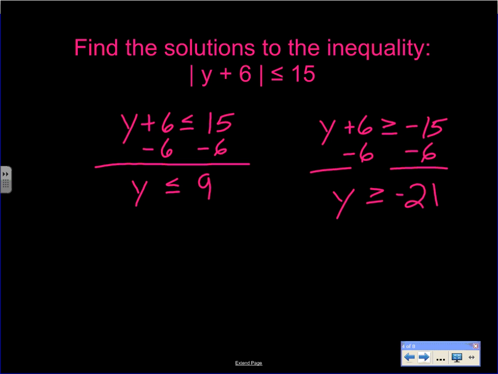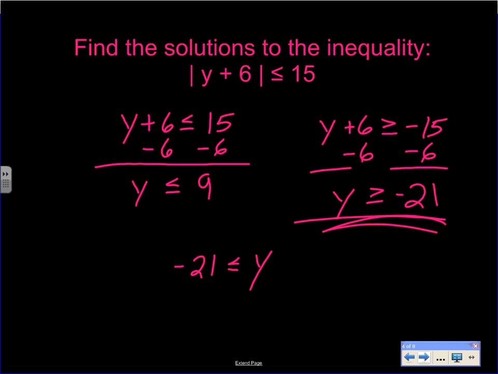So if we look here, this one here, we can write it as, let's say, on the left side, let's rewrite that when we turn it around. Negative 21 is less than or equal to y. Turned around. We got it turned around. There we go.